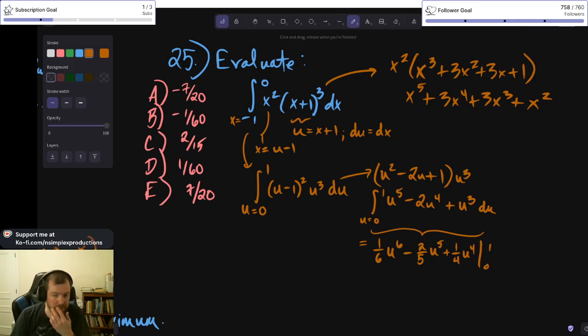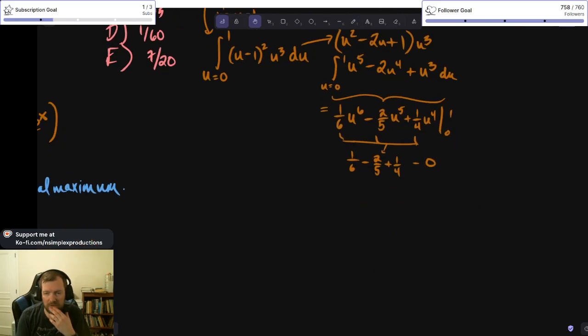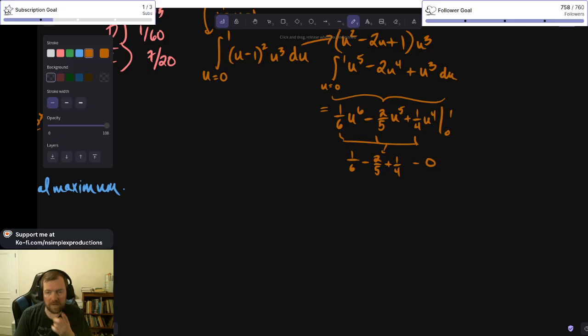In this case, we're just taking the sum of all of the coefficients. So 1/6, negative 2/5, and 1/4, and then just summing them up. And then we get a minus 0 because 0 plugged into all these just makes that go away. So, easy enough. Lowest common denominator here is going to be 60.